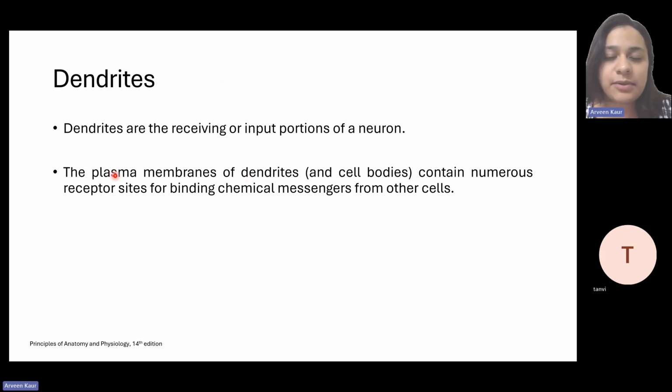The plasma membrane of dendrites and the cell body contain numerous receptor sites for binding chemical messengers from other cells. Once we learn about the synapse, we will understand why those receptors are important.